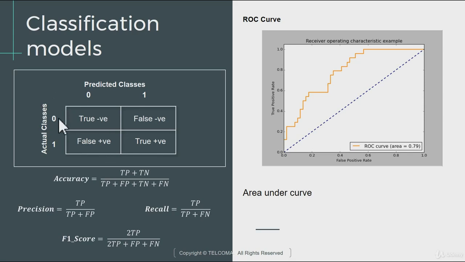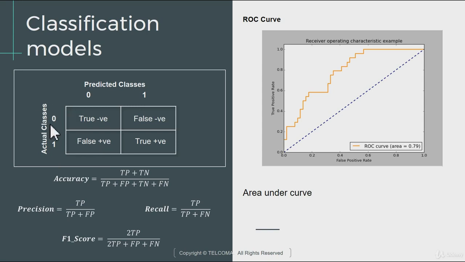So based on the definition of 0 and 1, you can convert them to true positives and true negatives, and false positives and false negatives. So let's say 0 is negative and 1 is positive. When a 1 is actually predicted correctly, that's a true positive. When a 1 is incorrectly predicted as 0, that will be a false negative. Similarly, 0 will be negative.